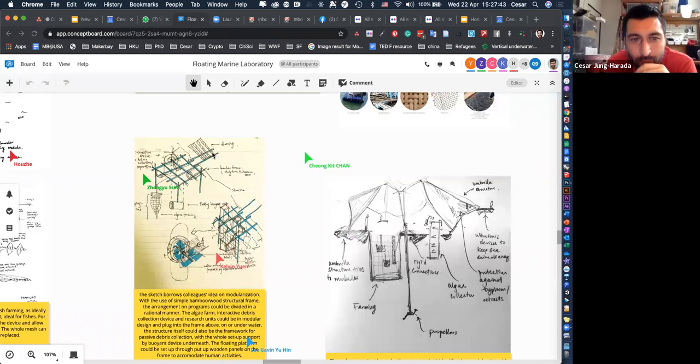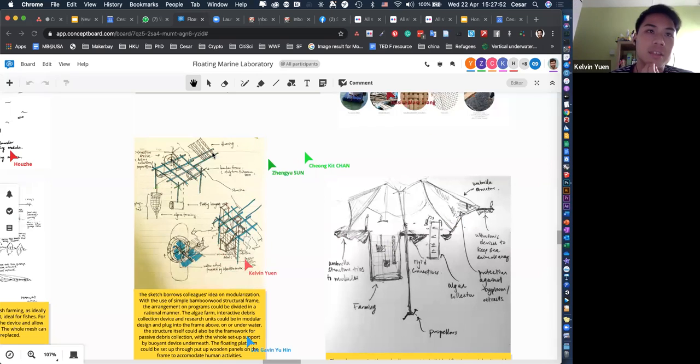So you would have the debris on the outer ring, similar to your colleague's idea? Yeah, I think it's like that, but it's not a ring structure, it's more of a sequential grid structure. So layer by layer by layer, so that we could control which part could be more eco-friendly to marine life, and which part would be more debris-accumulating, so that we could do something to handle it.